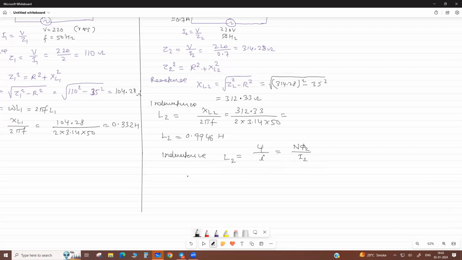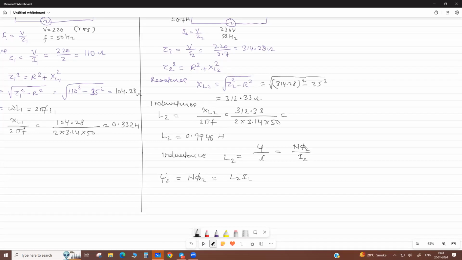So now, they ask for the flux linkage. N phi 2 equals L2 I2. Okay, dear? L2 I2. Because phi 2 means it is psi 2, the maximum flux. This is the formula, it comes from here only.